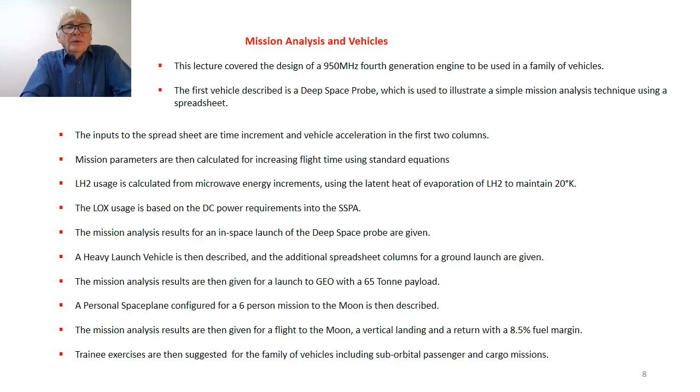What we then suggested were a number of trainee exercises for a whole family of vehicles, which included suborbital passenger and cargo missions, and would help to illustrate the financial viability of any development program.